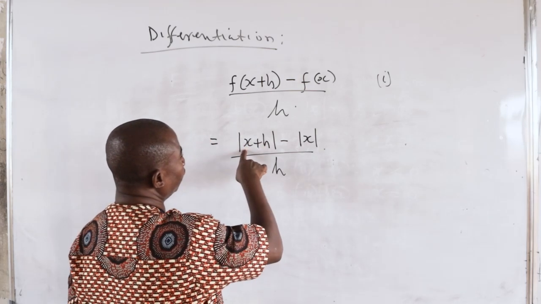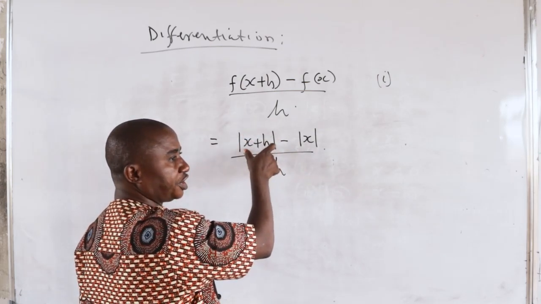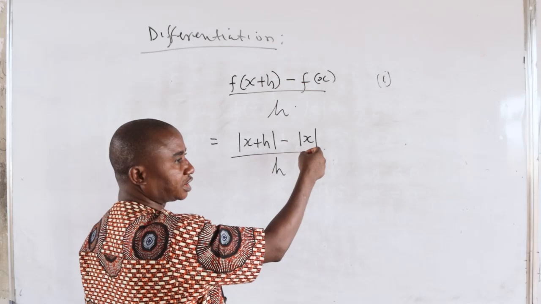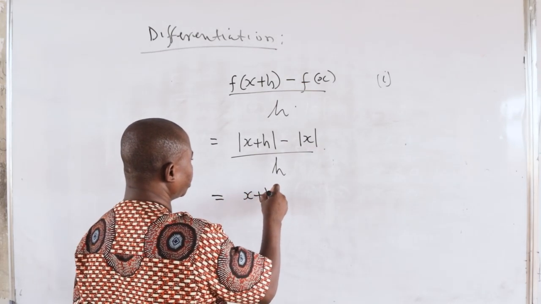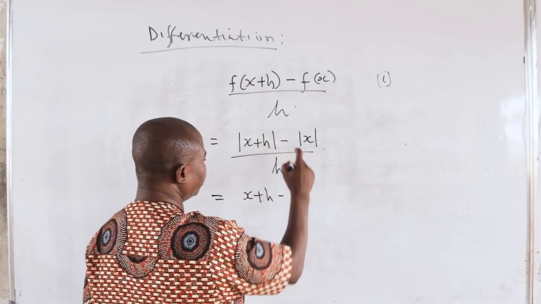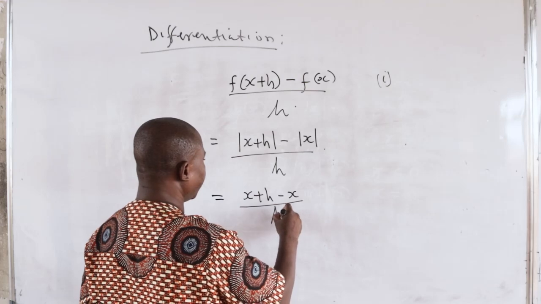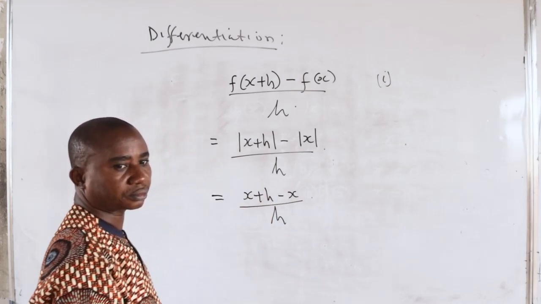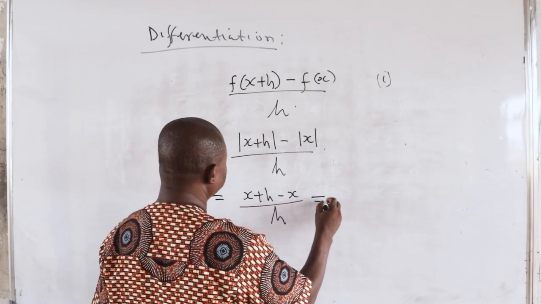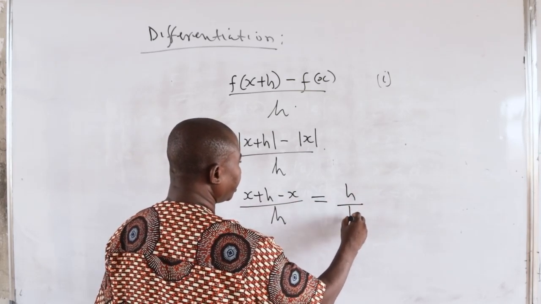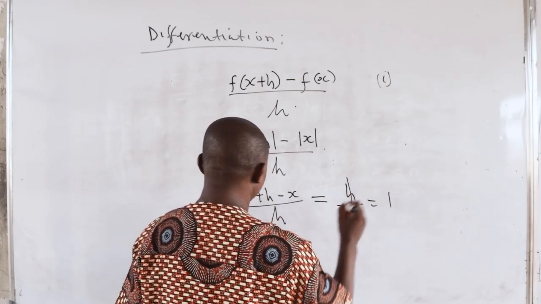And by the property of absolute value of real numbers, the absolute value of any positive number is equal to itself. And therefore, this is x plus h. Again, x is positive, so it is equal to its absolute value. Then I divide by h. You agree with me again that from here, this will give us h divided by h. And h over h is 1.